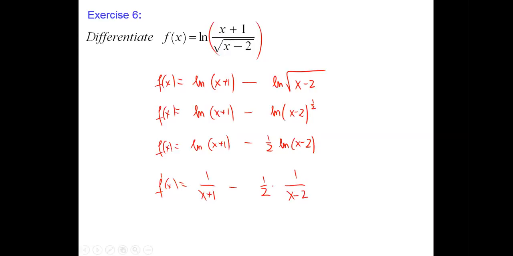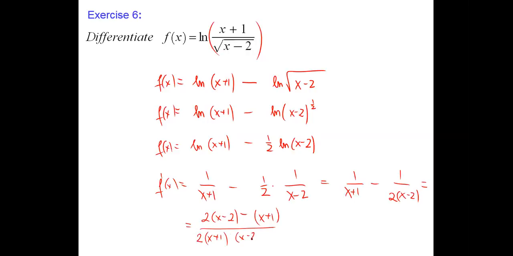Let's combine 1 over x plus 1 and 2 times x minus 2 with a common denominator: it's x plus 1 times 2, which I can put into x minus 2. 2x minus x is x, minus 4 minus 1. Just in case this is the final form on the test.